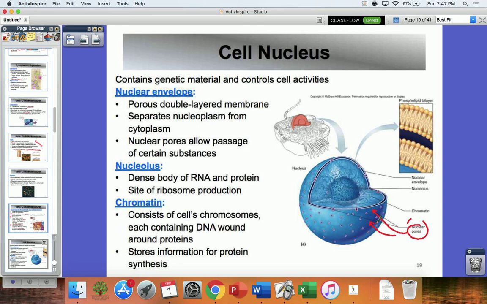And as we said before, the nucleus is going to have genetic material, but it is not always in the form of a chromosome, and so it's mostly going to be in the form of chromatin, which is just DNA that is kind of stretched. It's around proteins, but not really condensed like a chromosome.